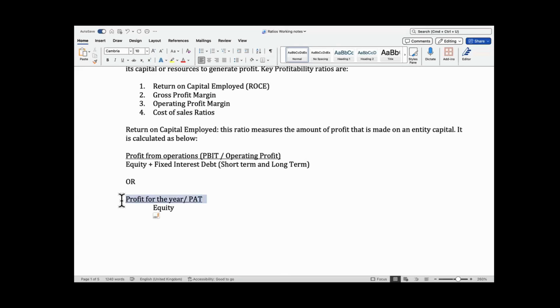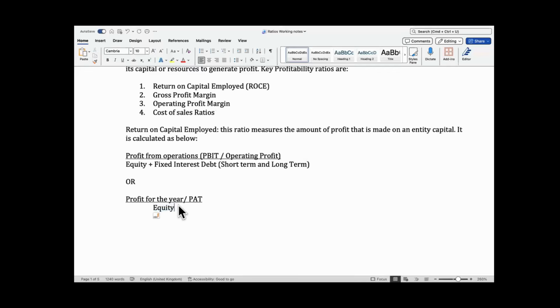If you use PAT, or the examiner says, for the purposes of return on capital employed, use profit as PAT, it is a trap for you. If you go and use capital employed as equity plus fixed interest debt, you are wrong. The capital you must use is equity.